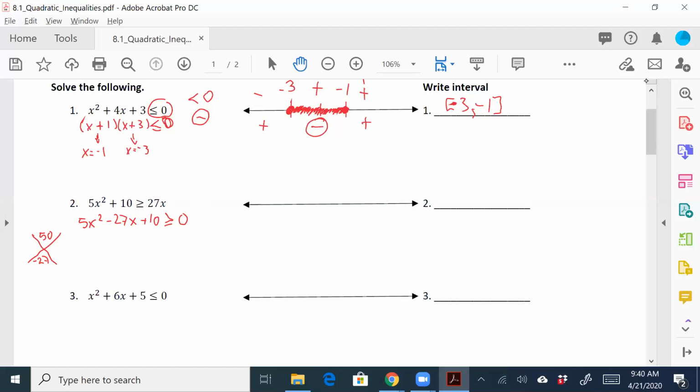So I'd like one of you to answer that. What two numbers multiply to give you 50 that combine to give you negative 27? Victoria, do you have an answer for that?